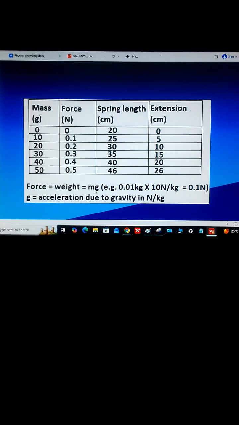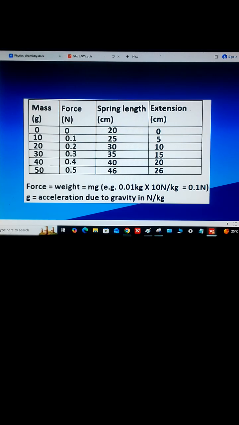In this particular case, acceleration is g, the acceleration due to gravity. So the weight is equal to mass times acceleration. So 0.01 kilograms times 10 newtons per kilogram, because g is approximately equal to 10 newtons per kilogram. So multiplying this by this, you get 0.1 newtons. All right. So we have 10 grams into kilograms into newtons, it is 0.1, like that.